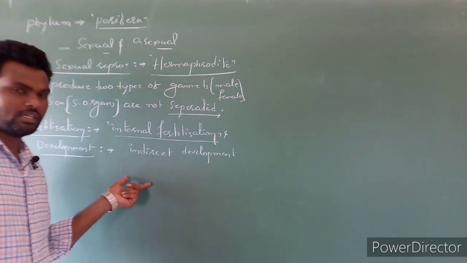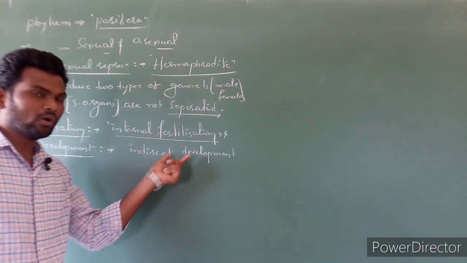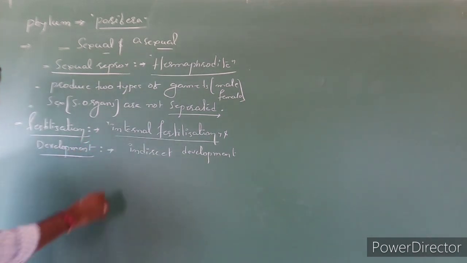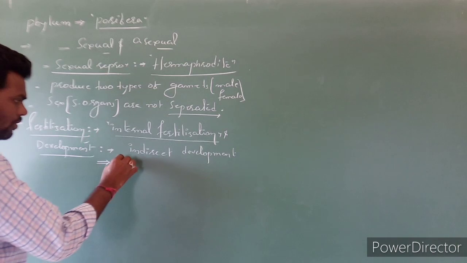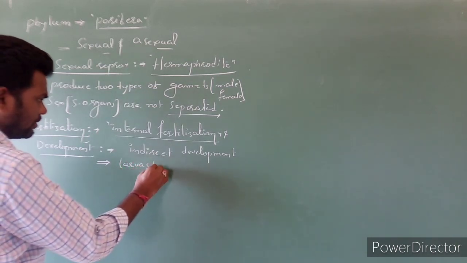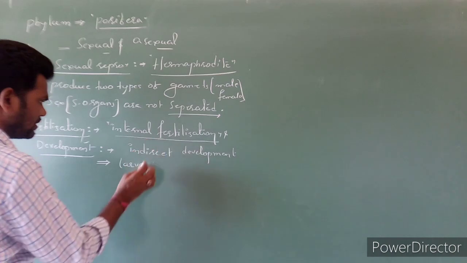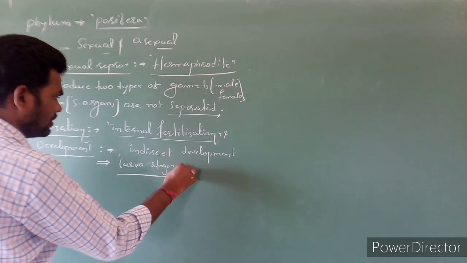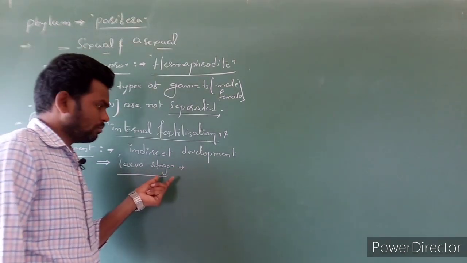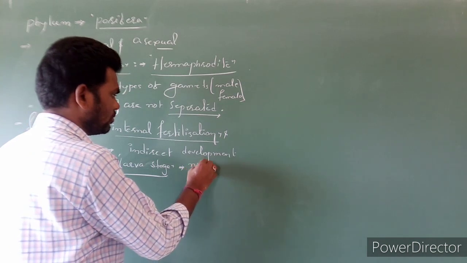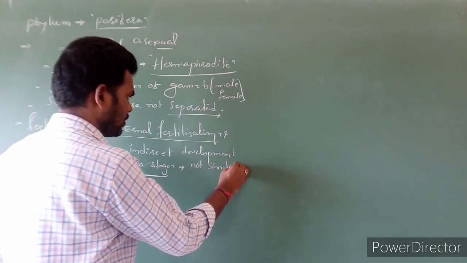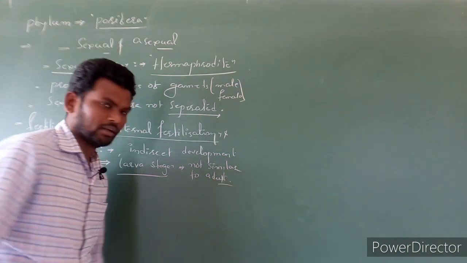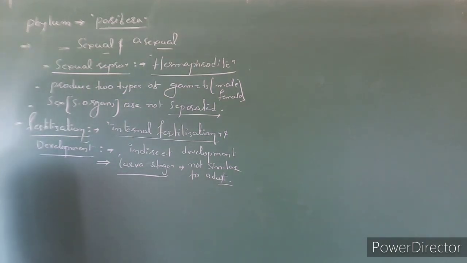That larva is not similar to the adult one. Such a type of development is called indirect development. It means a larva stage is present during development, and it is morphologically not similar to the adult. So this is regarding indirect development.